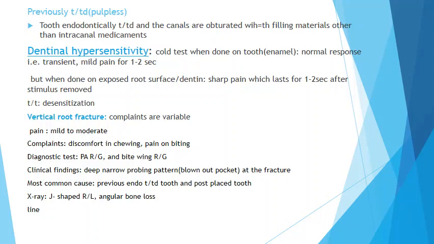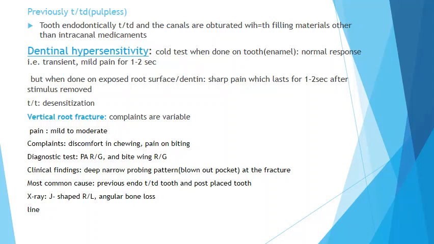Now dentinal hypersensitivity. We know that when the cold test is done on enamel, there is a normal response, that is transient mild pain for 1 to 2 seconds. But when it is done on an exposed root or dentin surface, there is a sharp pain which lasts for 1 to 2 seconds after the stimulus is removed.